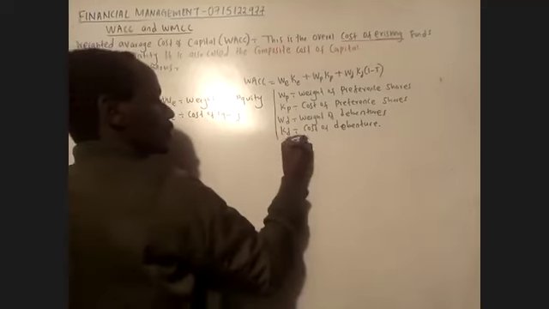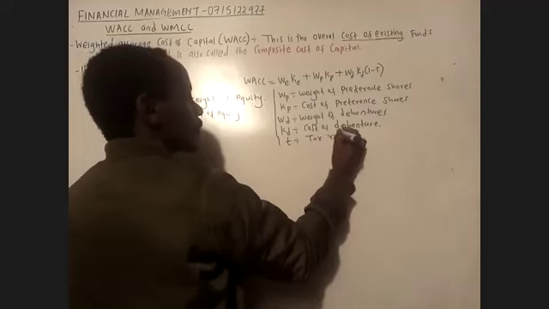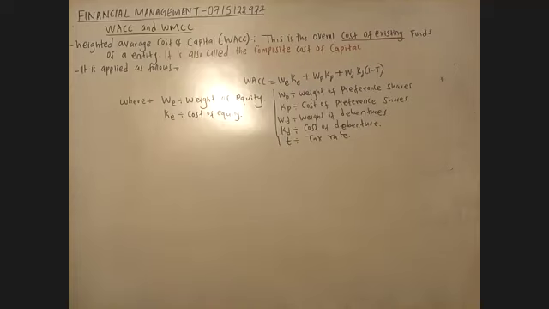T is the tax rate. So that is the general formula for you to get WACC. WACC is equal to WE times KE plus WP times KP plus WD times KD times 1 minus T.